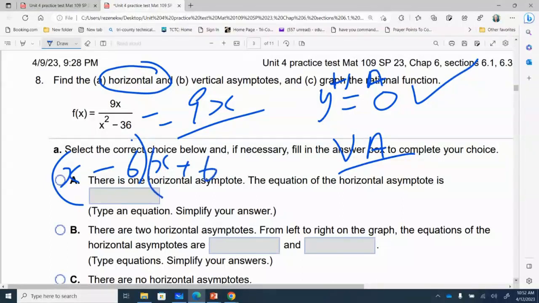That's the difference of two squares equal to 0, right? Factors are plus or minus 6. And so the vertical asymptotes are minus 6 and plus 6. So there are 2 vertical asymptotes. So vertical asymptote is present.